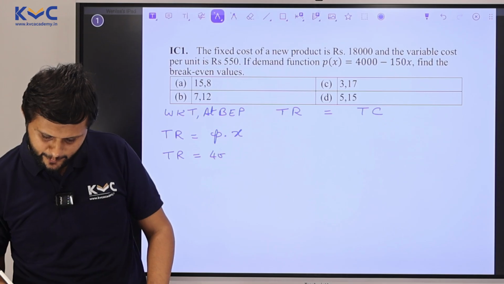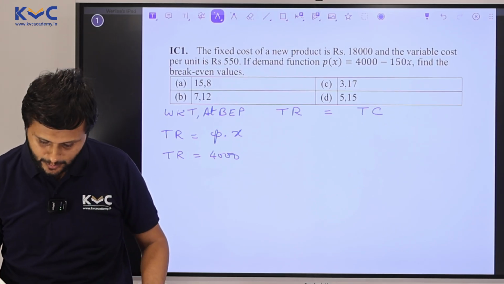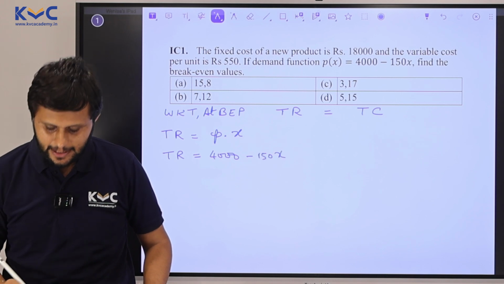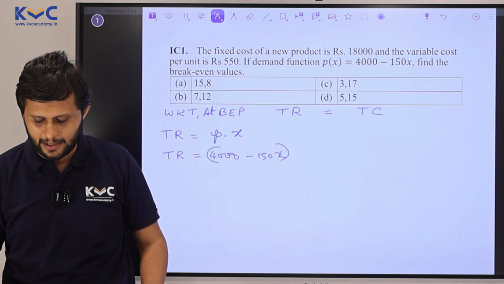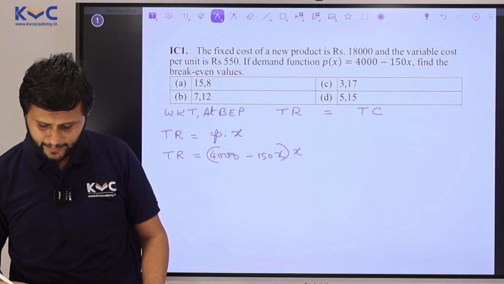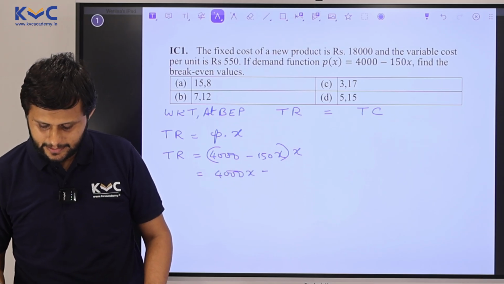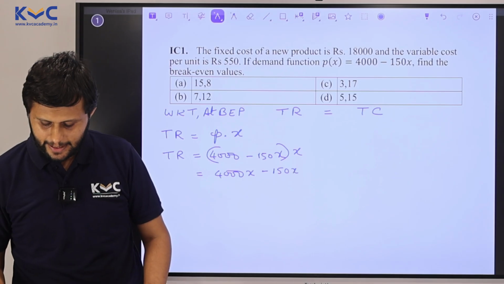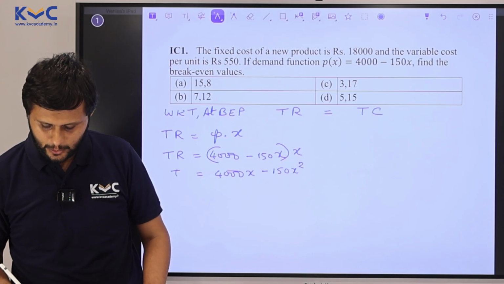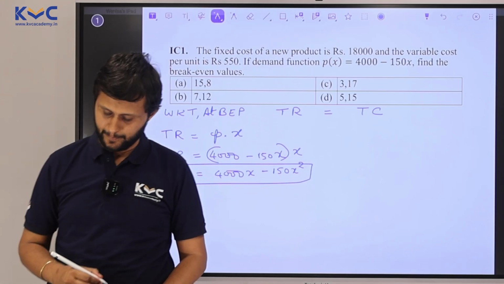P is given, P of x, price of x. 4,000 minus 150x into x is there, so I'll multiply this with x. This is total revenue. Equal to, we'll open the bracket, we have 4,000x minus 150x square. This is your total revenue. I'll keep it aside because we have to equate.